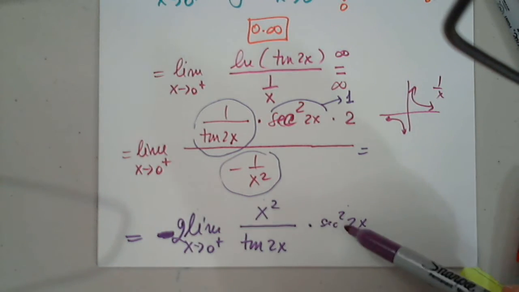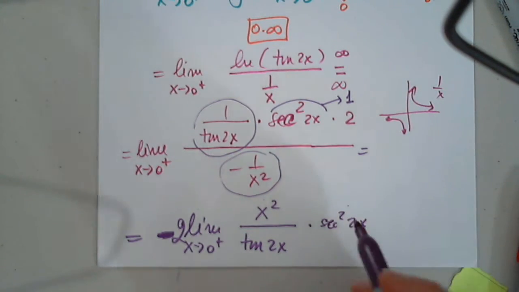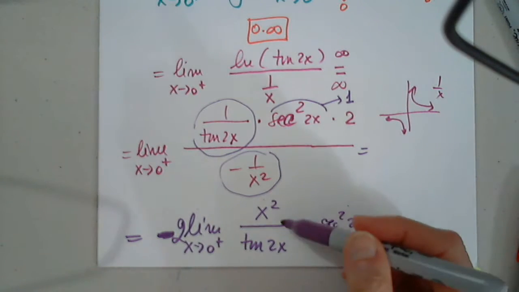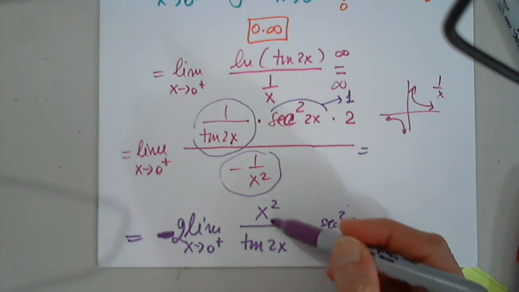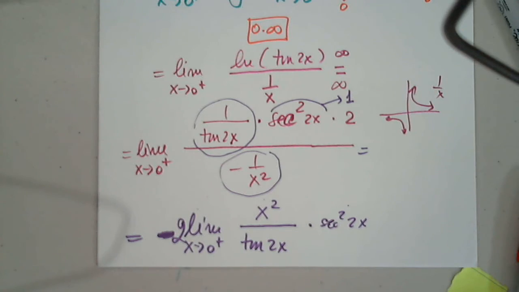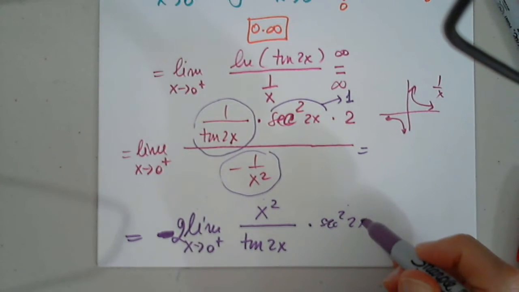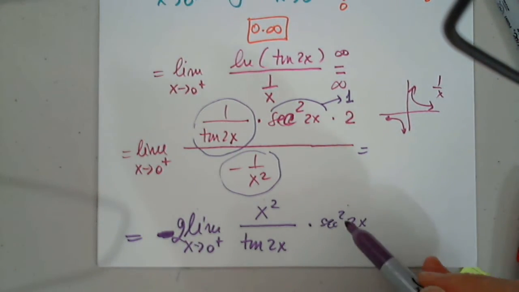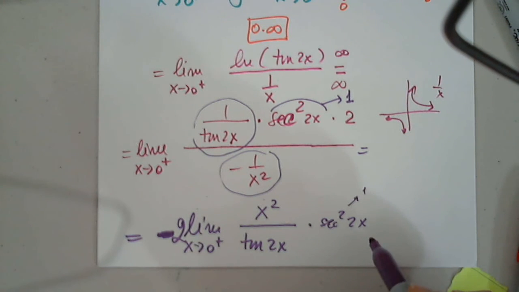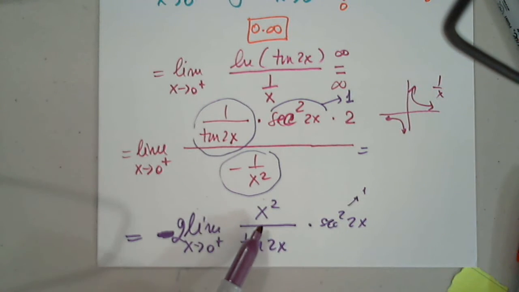If I keep these two and continue, obviously it's 0 over 0 again. If I keep this function here without thinking that this approaches 1, and I can drop it, the numerator will become quite complicated.